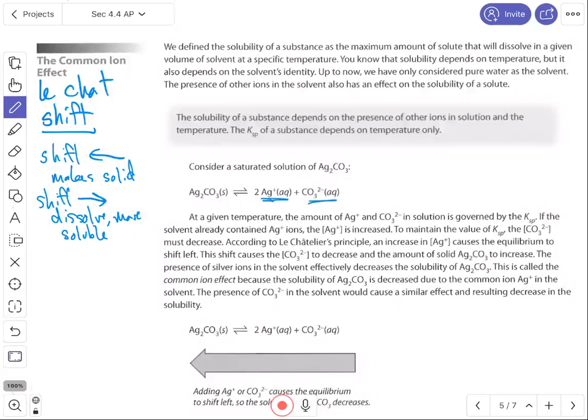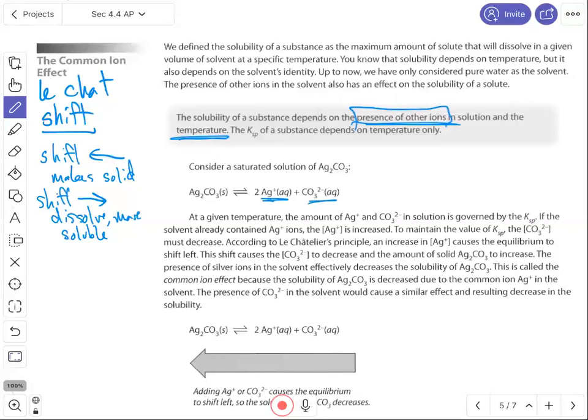So we're dealing with the presence of ions, and of course, temperature can still shift. They don't normally mention temperature in terms of solubility equilibrium, so we're going to focus on this presence of other ions, and that's why it's called the common ion effect.